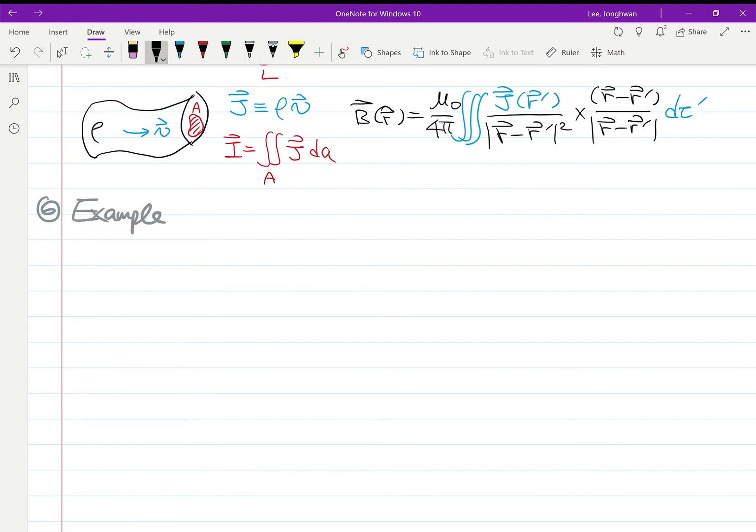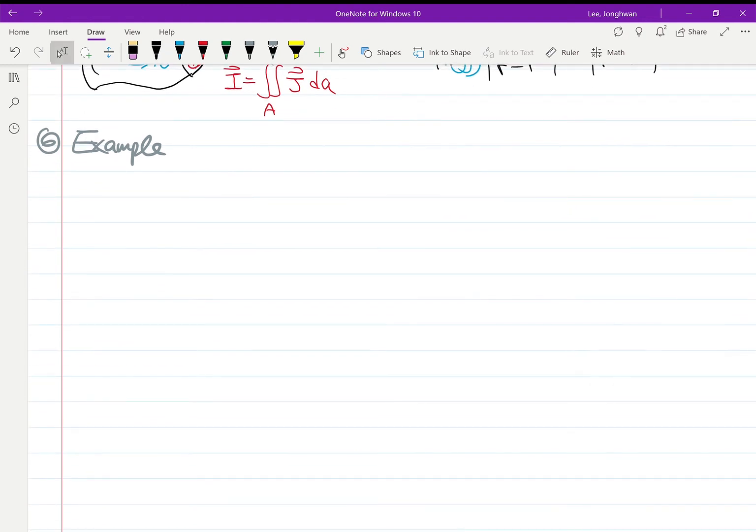So let's think about a simple geometry where we have an infinitely long cylinder. Here's the z-axis, x and y, Cartesian coordinate system, and the radius of the cylinder is a.